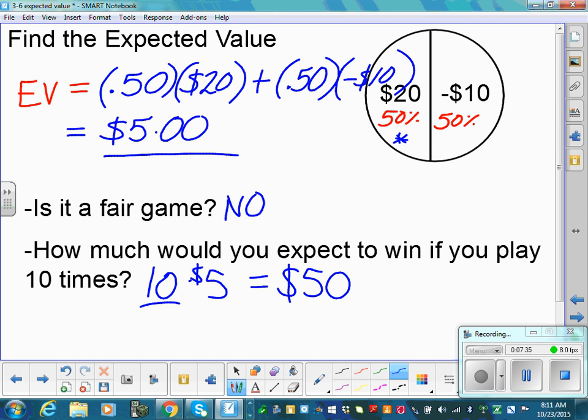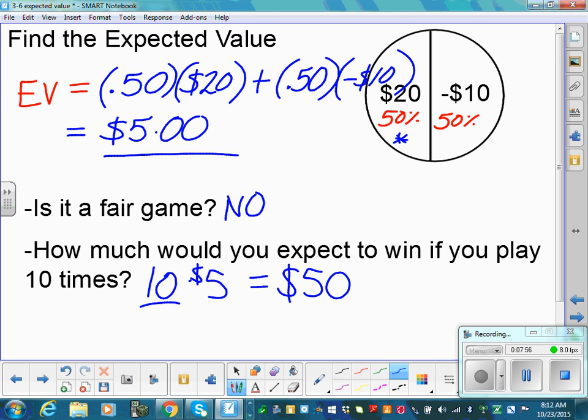This is how much we can expect to win if we do it 10 times. If we do it 2 times, we can expect to win how much? $10. So that's just an average for one spin. I guess you're right. Yes, that is true. It is an average per spin. Okay. Any questions on that?